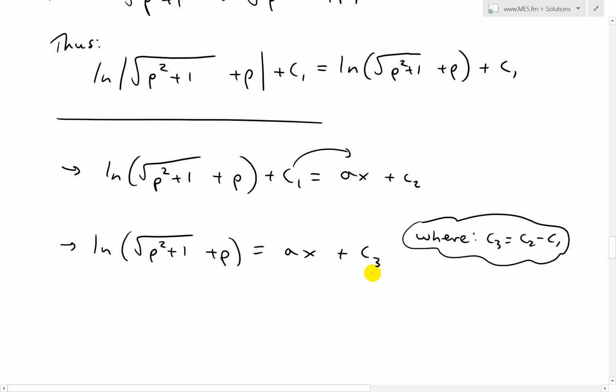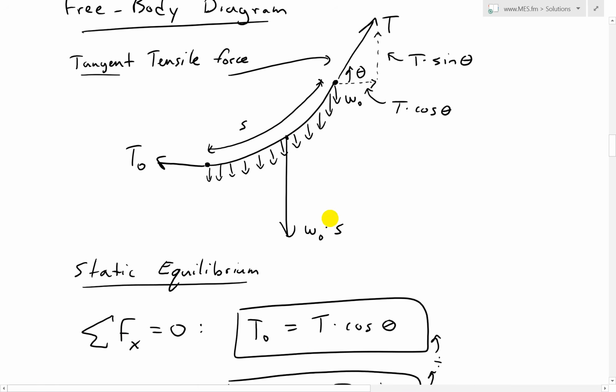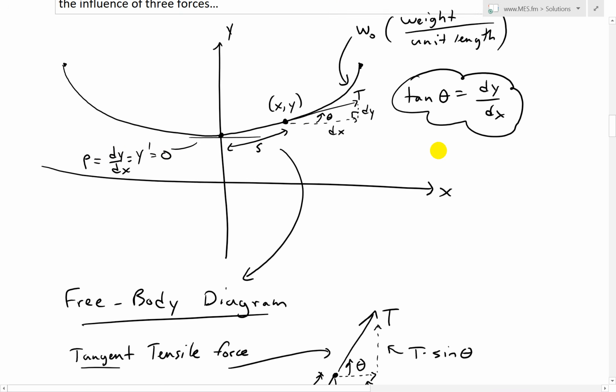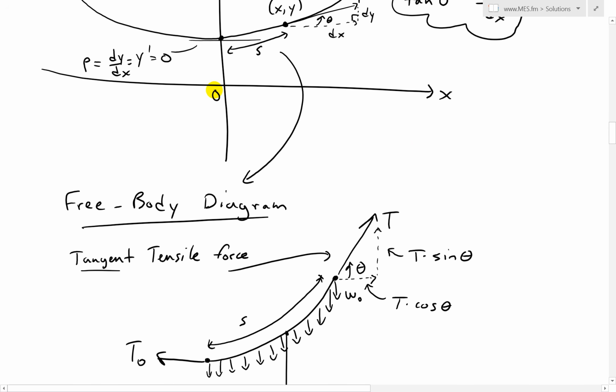And now we could solve for that constant, because notice that if you scroll up, at this point across here there's a horizontal tangent. So at this tangent, y prime equals 0, or dy over dx equals 0 there. And remember, dy over dx is just p, and that is at x equals 0 there.